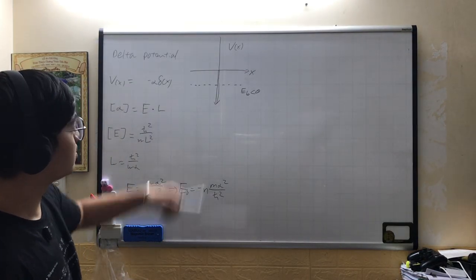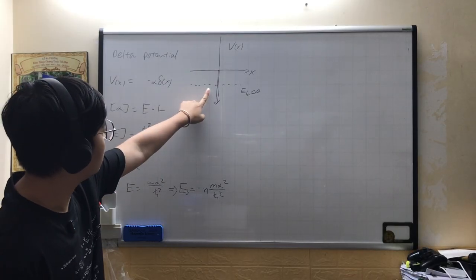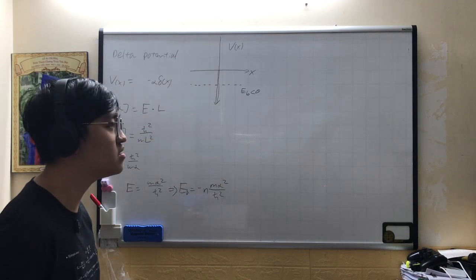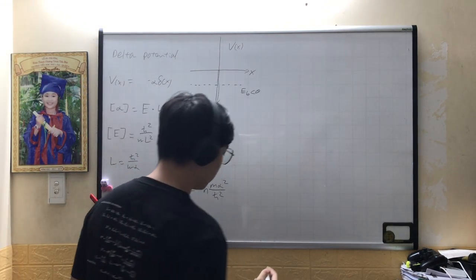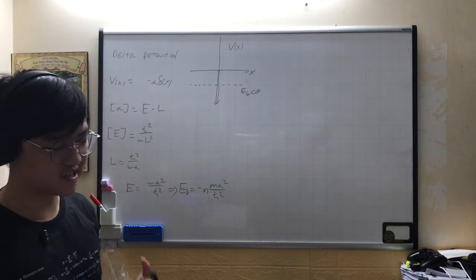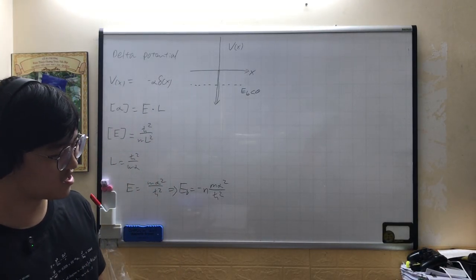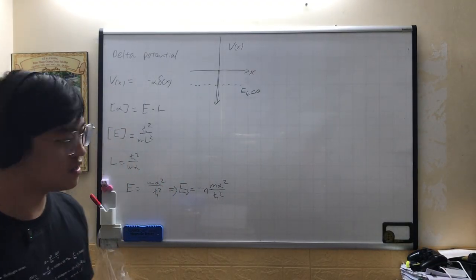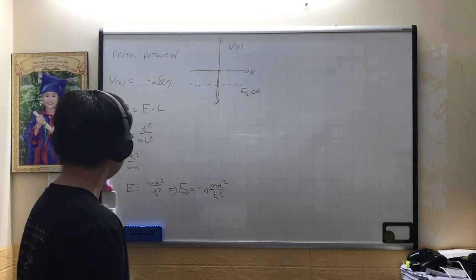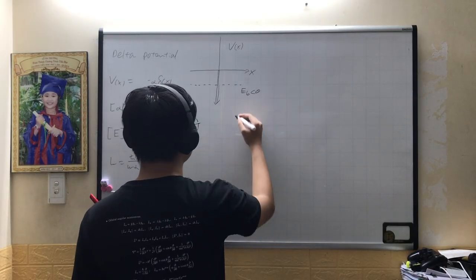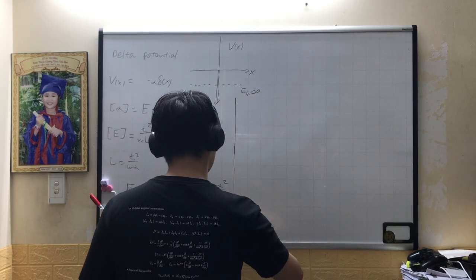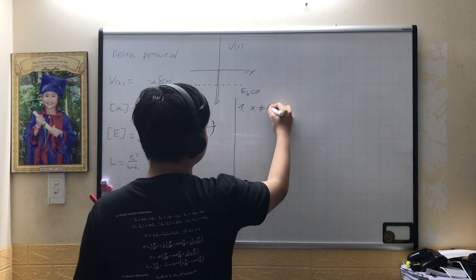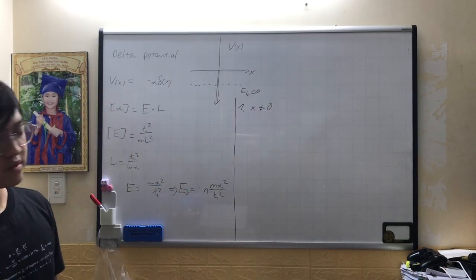And with the delta potential, the potential here at x equals 0 is infinity. Therefore, our wave function cannot exist there. So there must be a discontinuity when you talk about a system with a delta potential. So first condition would be, I should draw a line here. Well, first things first, your x has to be different from 0, as I said.